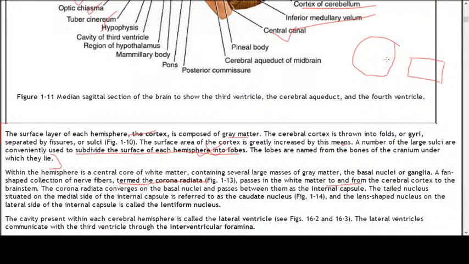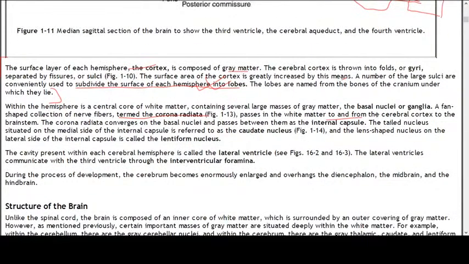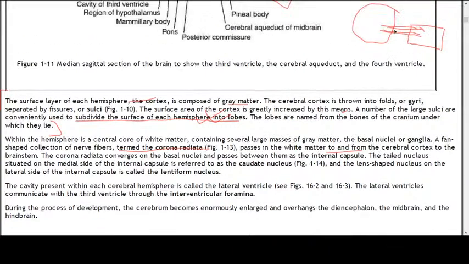So there is basically a road that connects these two cities, which allows vehicles to transfer from this part to this part and this part to this part. So the corona radiata basically is that particular road that carries the information from the smaller city to the bigger city. In this case, it carries information from the brainstem to the cerebellum. Okay, it is basically a highway.